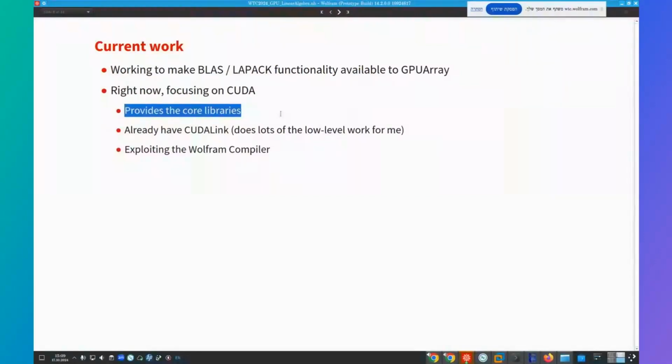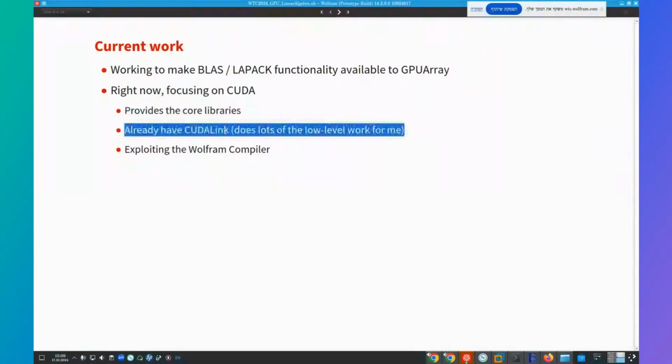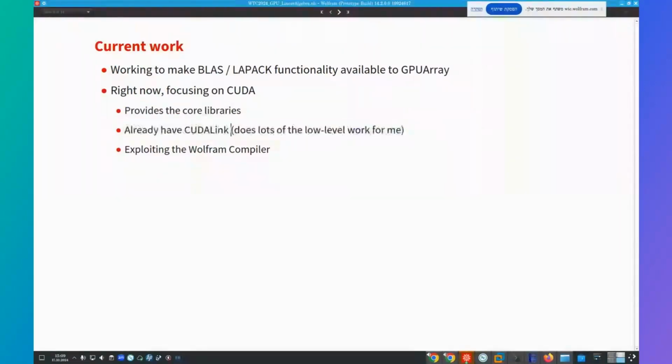Another benefit of doing CUDA, which is that we have CUDALink, and I guess I should have also mentioned CUDA compiler tools, which Charles mentioned both of these. So this allowed us to exploit the Wolfram compiler. I did not have to write a single line of C or C++ code. I had to look at some headers because in order to hook up our code to the CUDA libraries, I needed certain number values to match up.